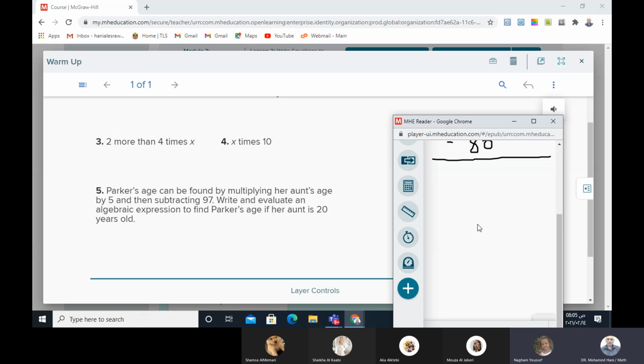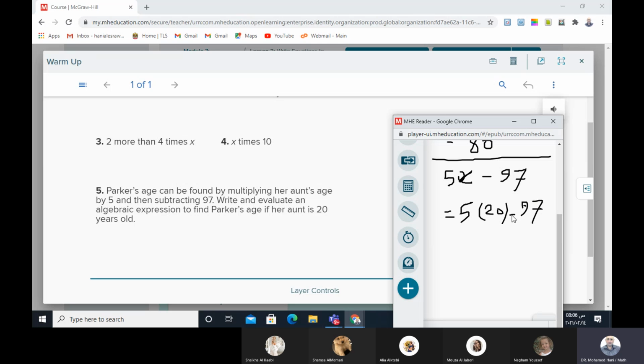Mister, is it 5 times 20 minus 97? The first step, we don't know the age, so represent it by x, so 5x minus 97. Great. Then substitution, when you know the value of the age, it will be 20, so write 5 times 20 minus 97. Great work, Nagam.